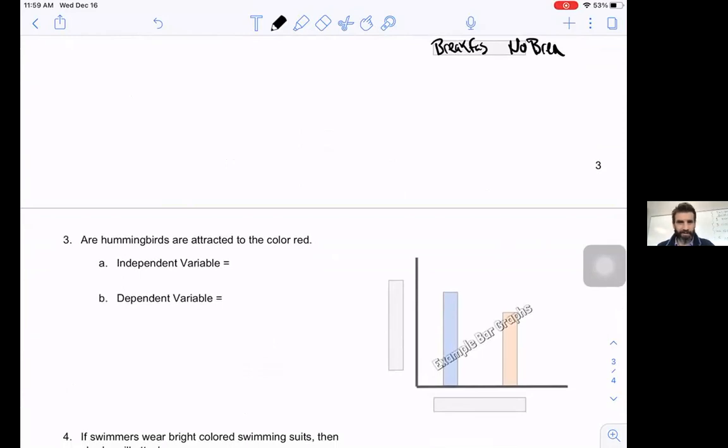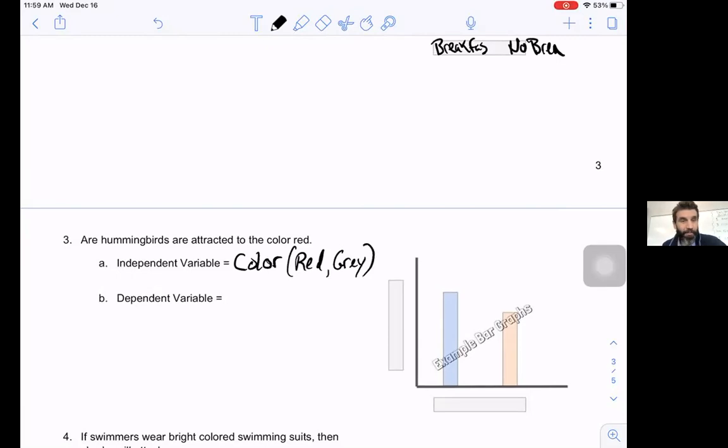Are hummingbirds attracted to the color red? So, does the color red attract hummingbirds? Does the color of my birdhouse affect how many hummingbirds I have? So you have to do a little thinking here. The independent variable is the color, right? And in this case, it might be red, or maybe you're just saying gray, something like that.